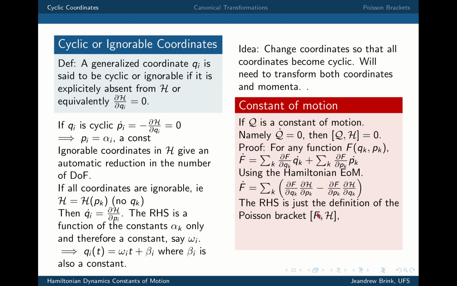Okay, so it's just a straightforward application of your definition as well as the equations of motion, and knowing that the equations of motion come from a Hamiltonian system. And therefore for all f, you can always express f dot as the Poisson bracket, or the commutator, of f with H. And therefore if f is a constant of motion, Q, we know that Q dot equals 0, and therefore the Poisson bracket of Q with H equals 0. Okay.